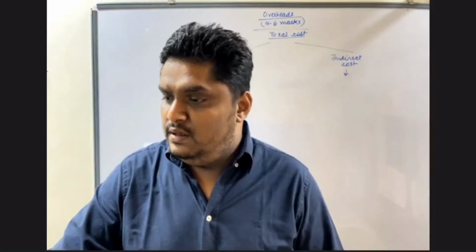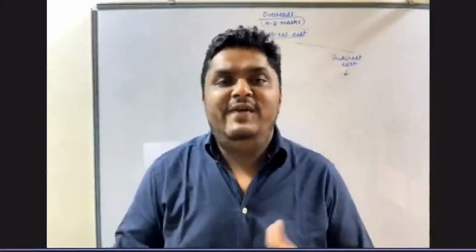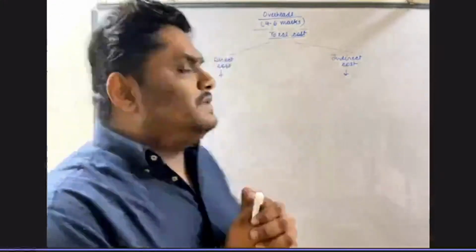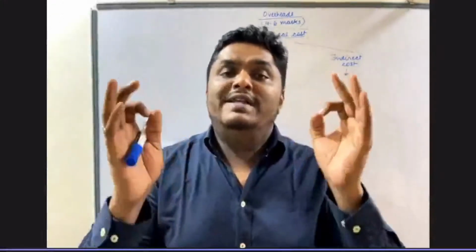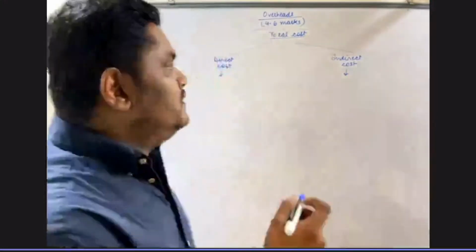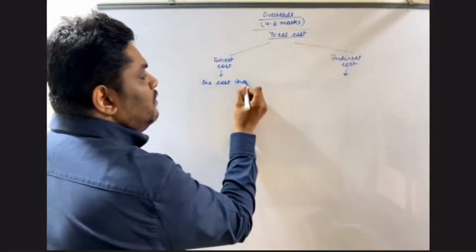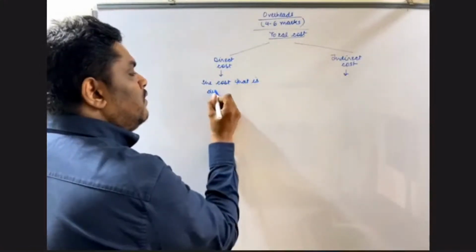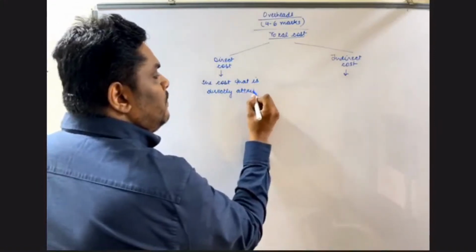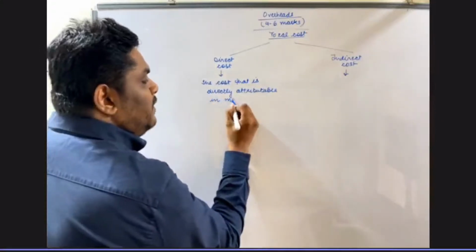Anyways, so when talking about total cost, it can be classified in two parts, that is direct cost and indirect cost. When talking about what is direct cost, the cost that is directly attributable in manufacturing a product is direct cost.